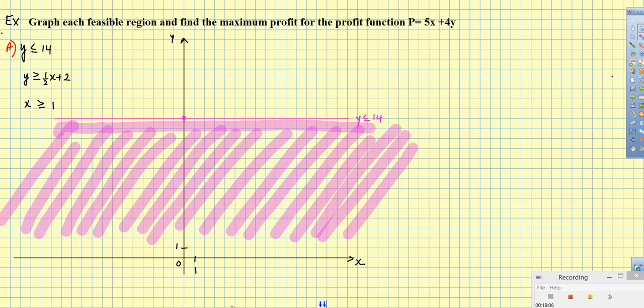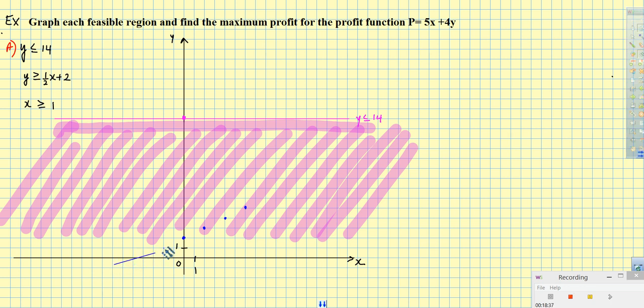Then my next graph we'll make blue, and the next graph is y is greater than or equal to 1/2 x plus 2. So 1/2 x plus 2 tells me that 2 is my y-intercept, and I go up 1 and 2 to the right, up 1 and 2 to the right, up 1 and 2 to the right. So I'm going to graph that now so that I have my line.